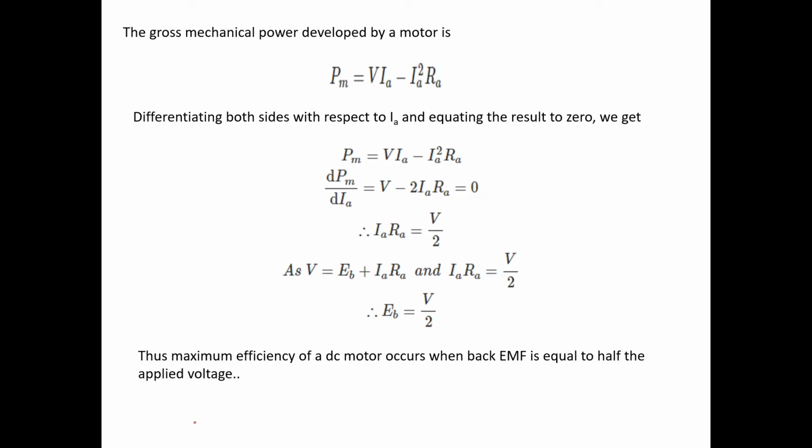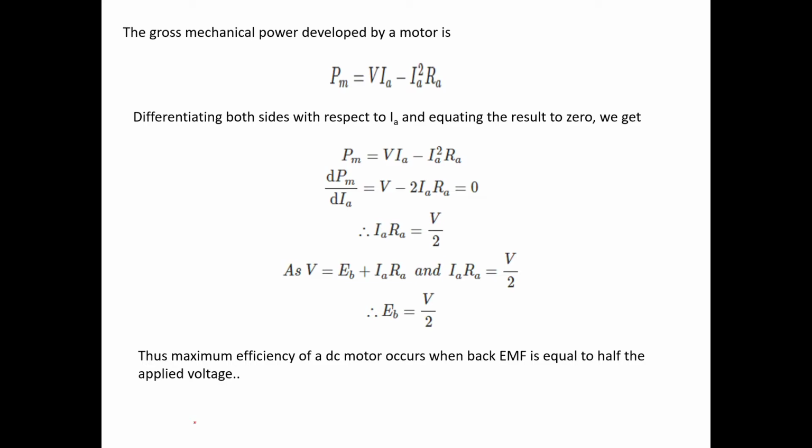Differentiating with respect to IA, you get IARA is equal to V upon 2. As V is equal to EB plus IARA, IARA is equal to V by 2. Therefore EB should be equal to V by 2.